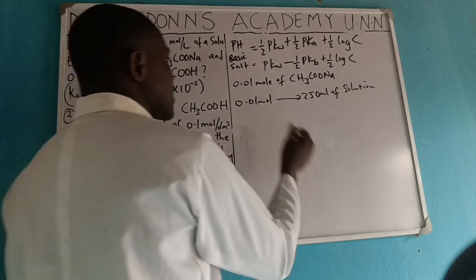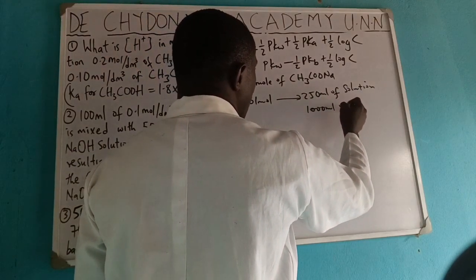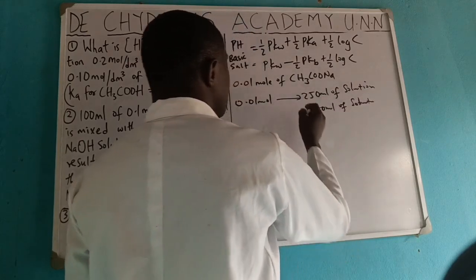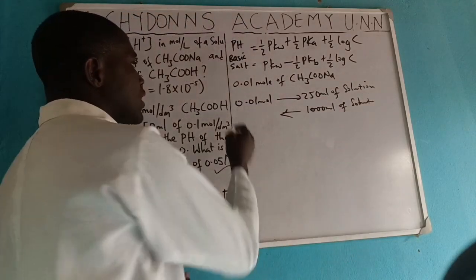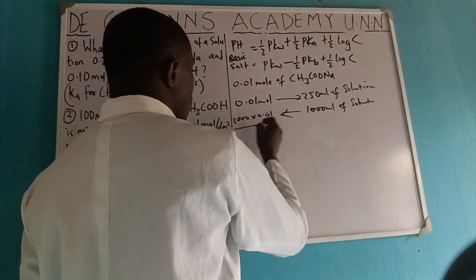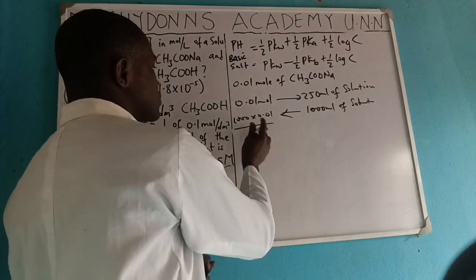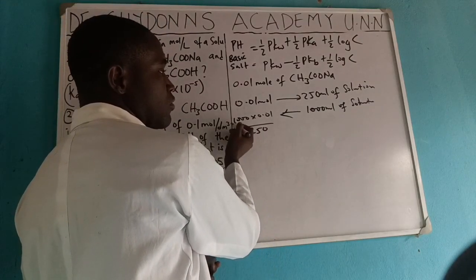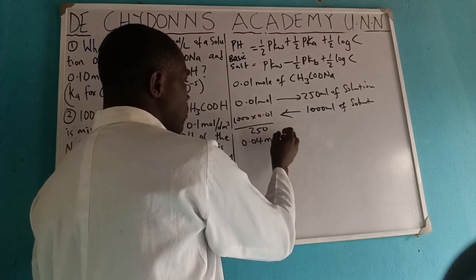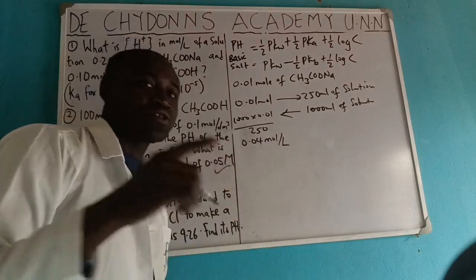Then you now say 1000 ml of solution, what will it be? We'll cross multiply. It becomes 1000 times 0.01 all over 250. That will be giving us 0.04 mole per liter. That will be the concentration of that salt in that total solution.